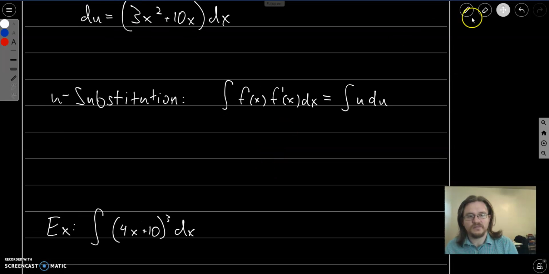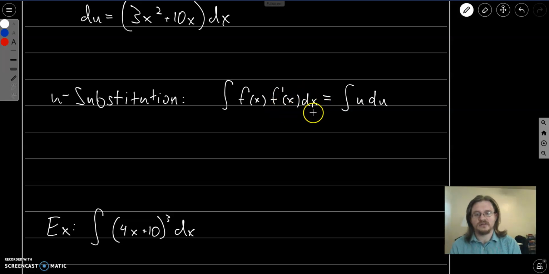So here I've got the integral of f of x times f prime of x, the derivative of f, with our differential dx at the end. And I'm going to say that this is actually going to be the integral of u du. So how do I do this?